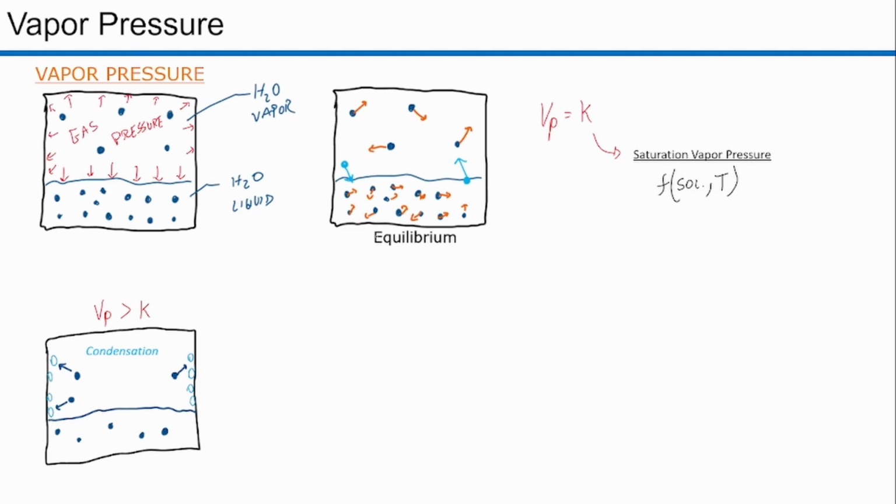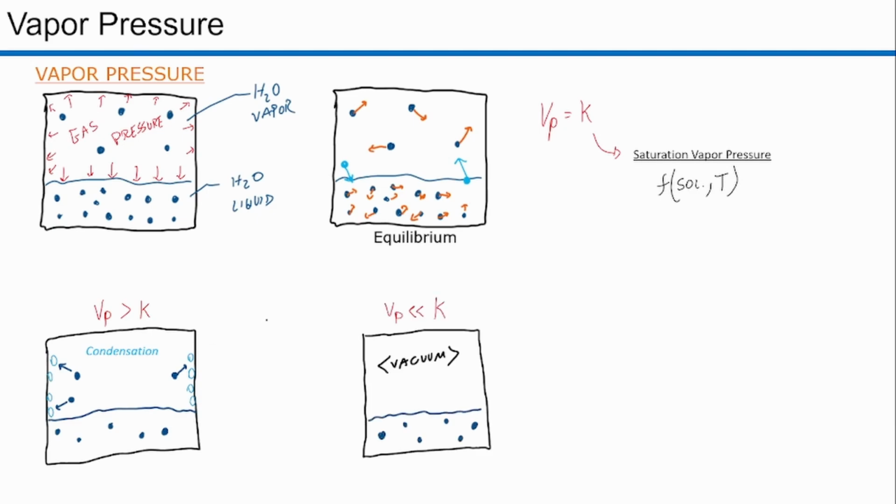If the actual vapor pressure is higher than the equilibrium state, the saturation vapor pressure, you have condensation, because there is more energy in the vapor molecules than the system can handle at the moment, so they will turn to the liquid state.